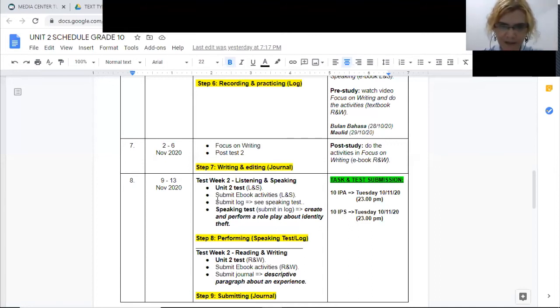So you can just freely ask me. As you see here, for 10 IPS, Tuesday, the 10th of November, is the day where you will have your Unit 2 test for listening and speaking, and also for reading and writing. I will announce that also in Moodle, so you will know. You're not submitting your ebook activities, you basically have just done them.